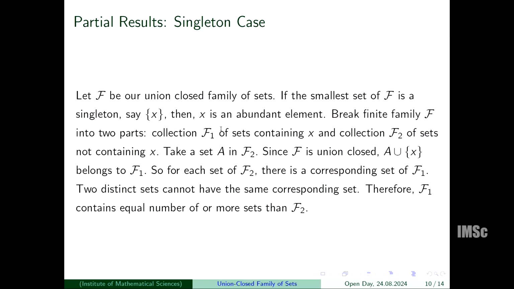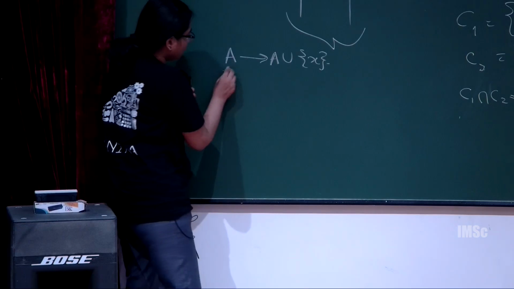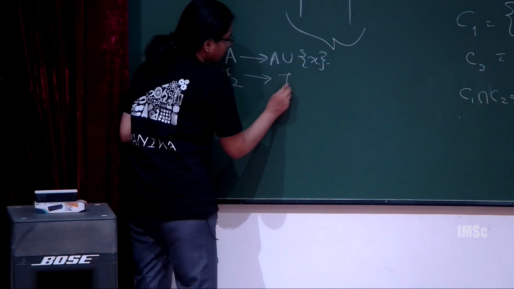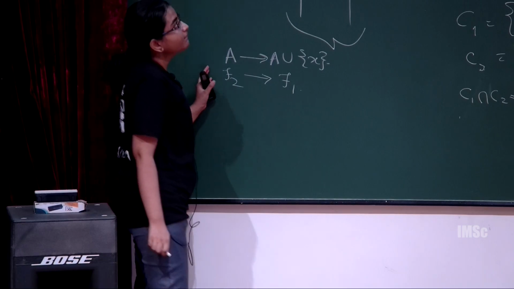Why is that? Because F is union closed. So if I take the union of any two sets in F, it has to belong to F, right? So if I send A to A union X, then this is actually a function from F2 to F1, okay?